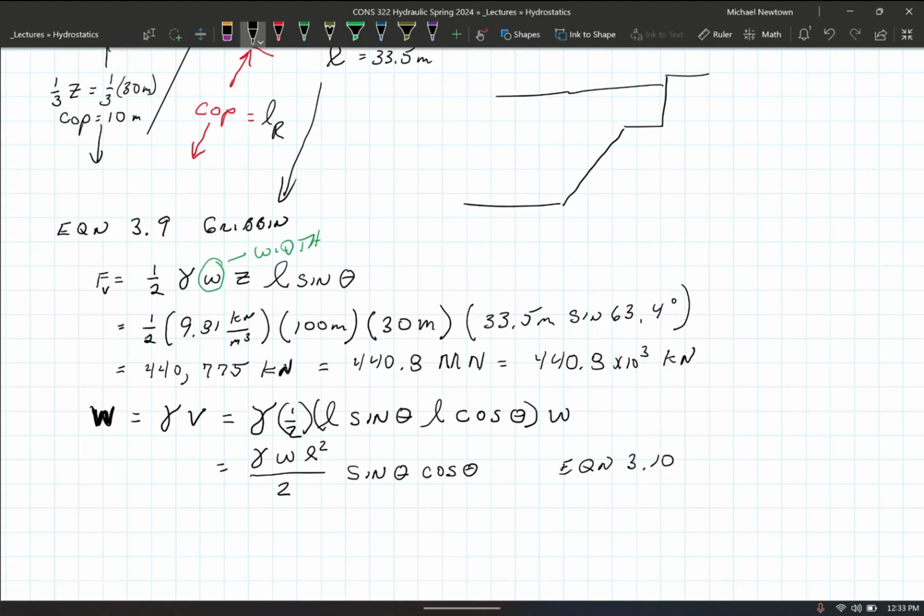How much water actually sits above that center of pressure? So we're going to do some problems like this. But we have this volume of water up here. Then we got this volume. Sorry, let's do that right. We got this volume of water here to deal with. 100 meters wide. Don't forget that.